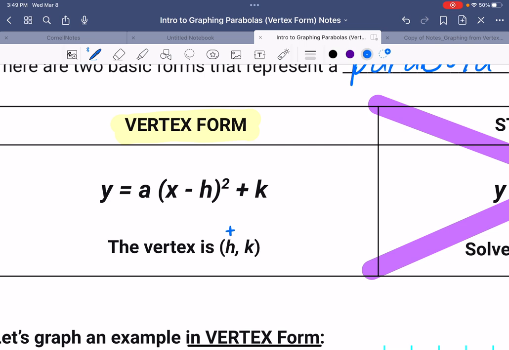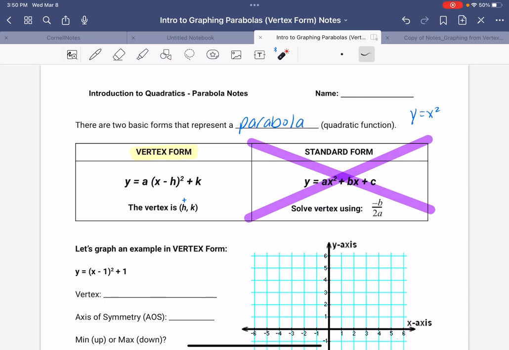If your sign right here is positive, then what do you think your h right here is going to be? If you said negative, you're correct. So this h, or your x, is going to be the opposite of what is right here. This k is going to be exactly the same. If it's a positive, this is also going to be a positive, okay? Hang with me for right now.